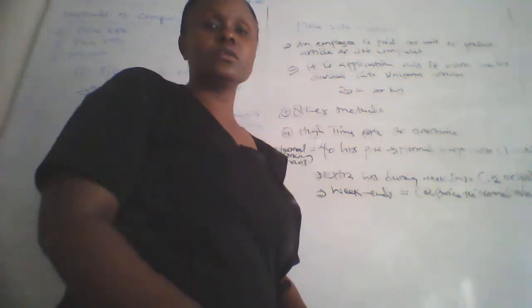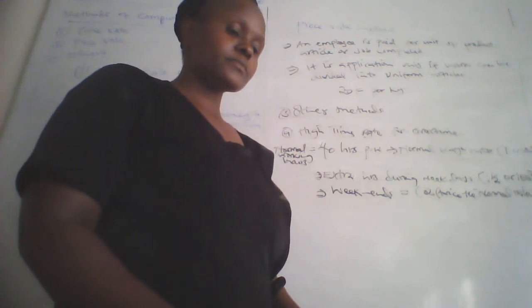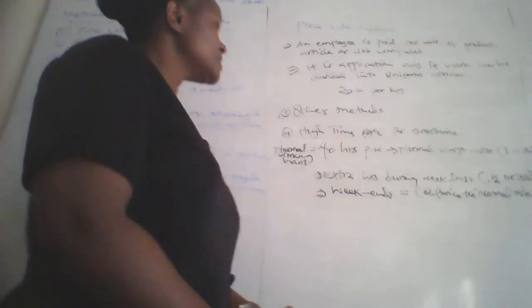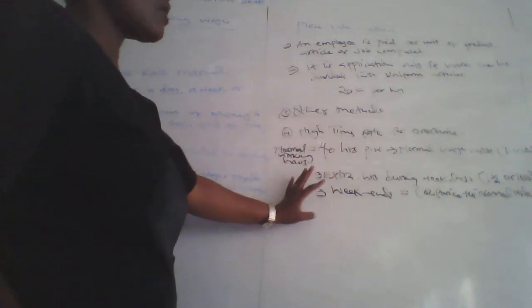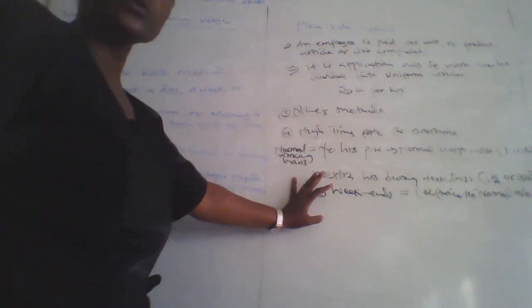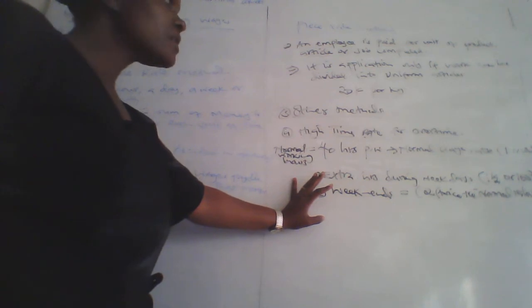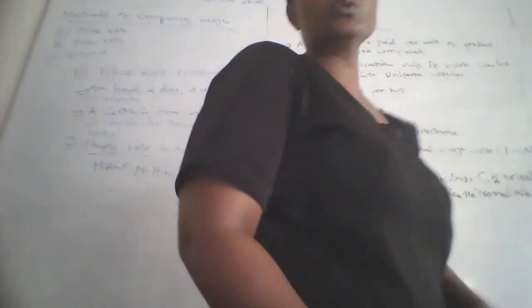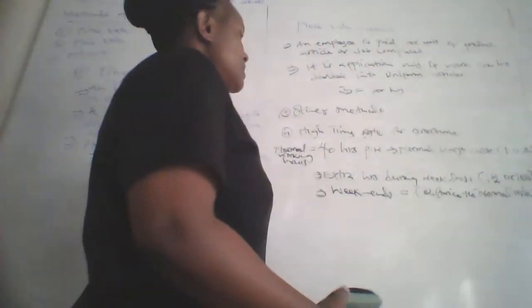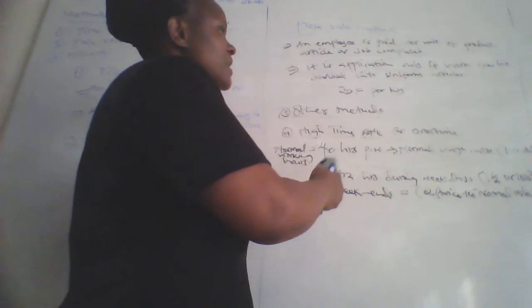That's according to the Constitution. So for this high time rate for overtime, that's how the wages are calculated using that method. It's the method which is being used by most organizations. Right now, the manufacturing companies usually use the high time rate for overtime method to calculate wages for their employees.